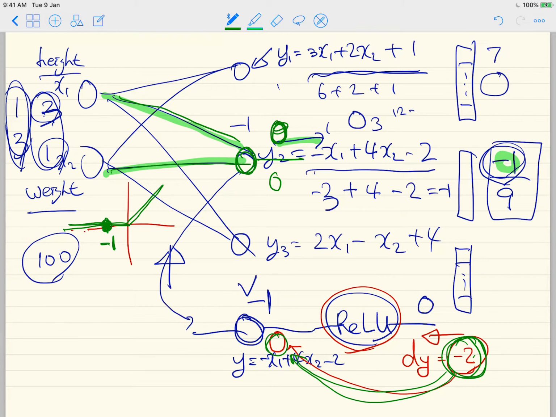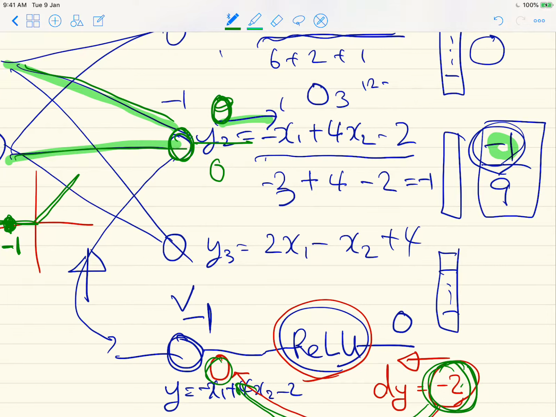And then when do they get updated? Yeah, it is when we have positive activation value given to the ReLU unit, right? So in that case, that's when we can update those two edge weights, right?